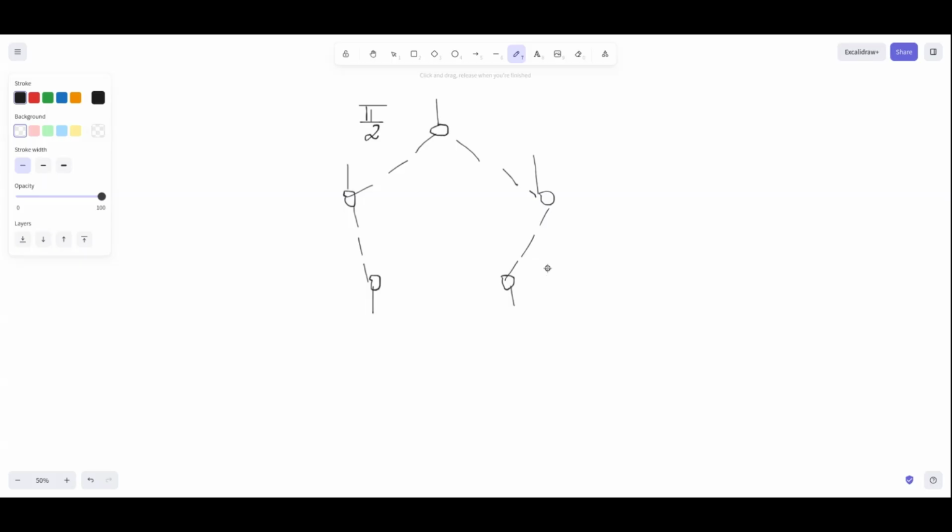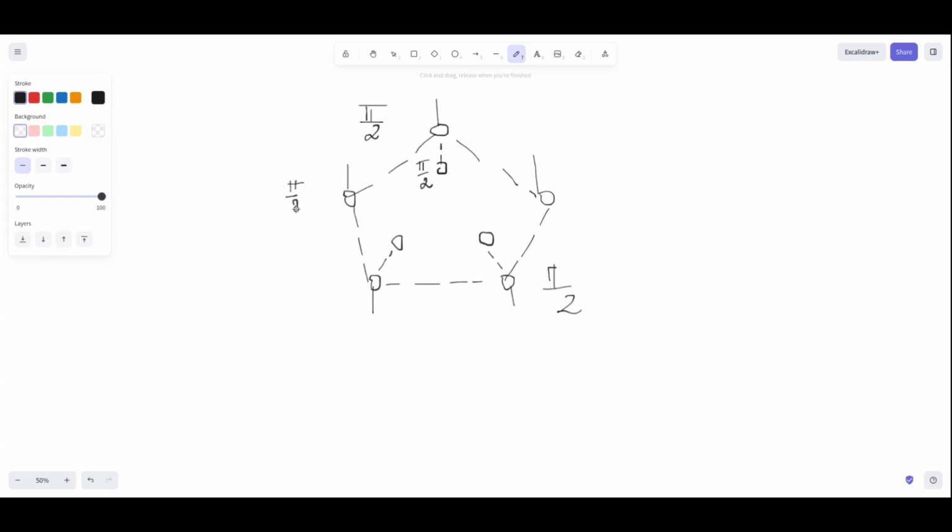So that's the graph we have. So that's p over 2 everywhere, here there's p over 2, here there's p over 2.